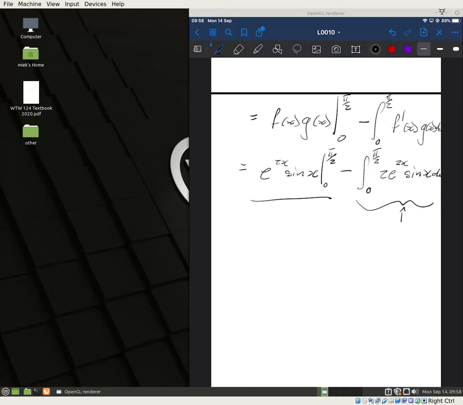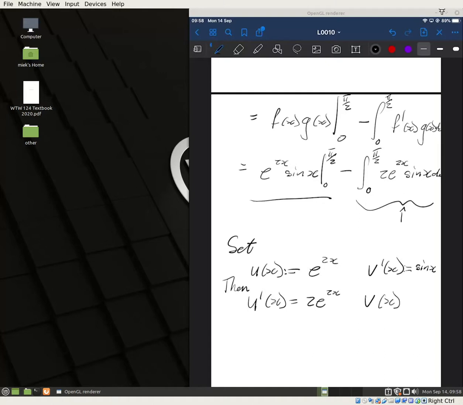So let's set u of x as e to the 2x, and then its derivative is 2e to the 2x, and v prime of x, we're going to set that as sine x, and v of x then becomes minus cosine x.